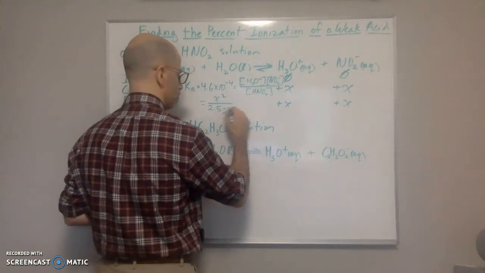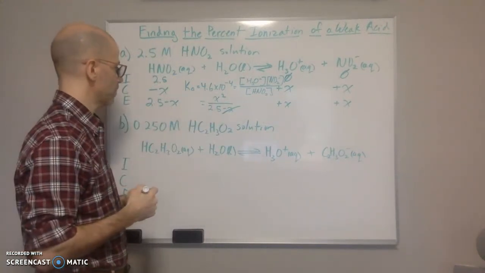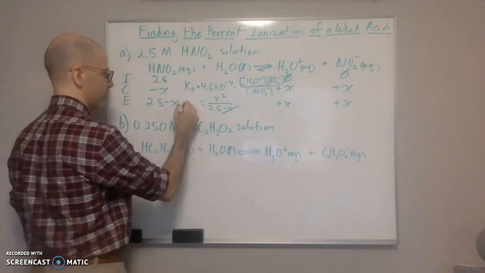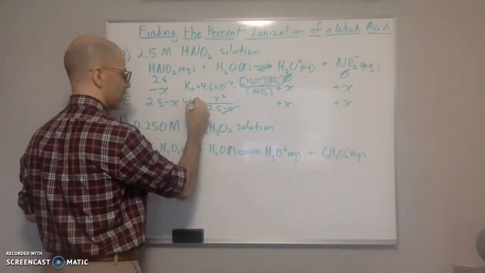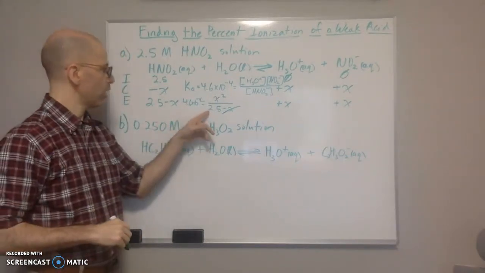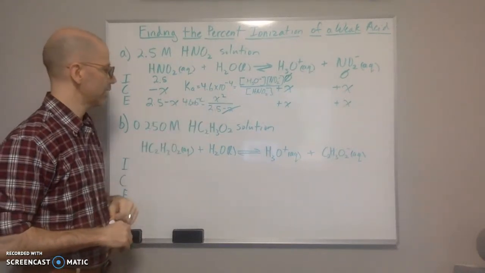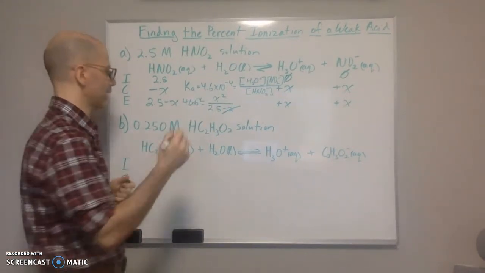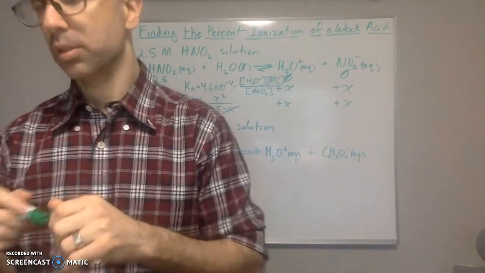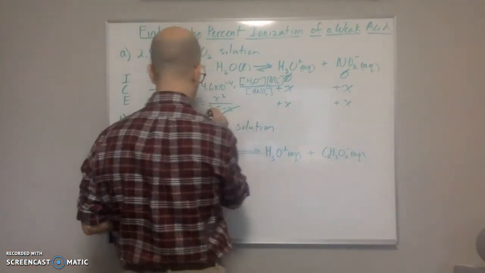So we'll do the X is too small approximation, and that simplifies our equation here. So then, again, this is equal to 4.6 times 10 to the negative 4. And so all I need to do is multiply both sides by 2.5, square root each side, and then you've got X. And in that case, X would equal 0.034.